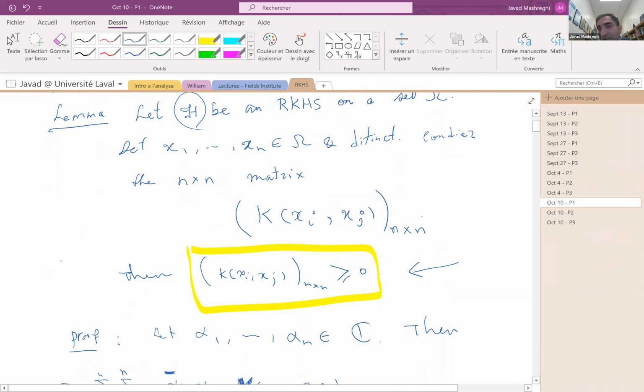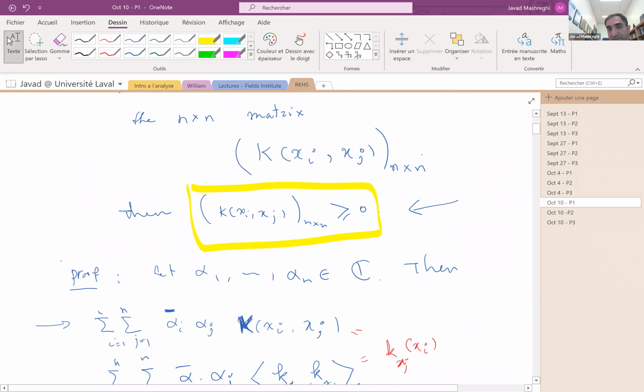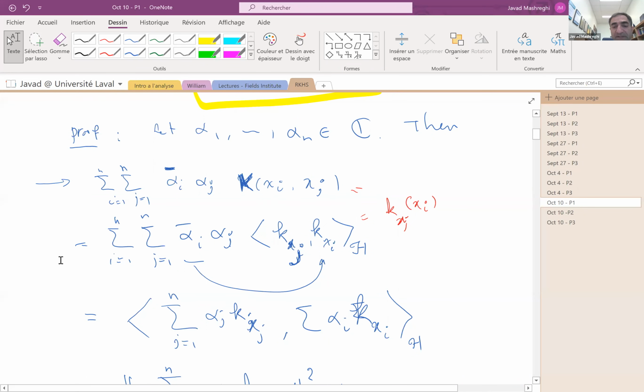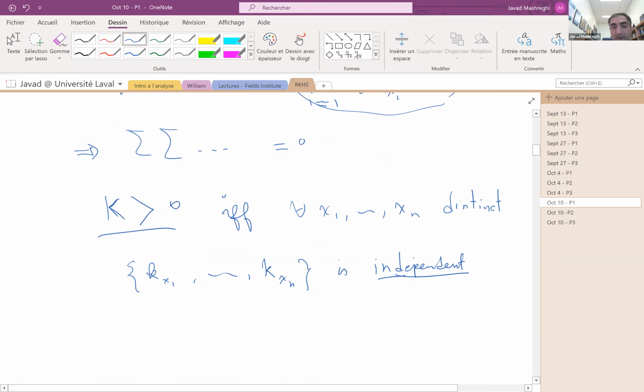I explicitly gave an n by n matrix. This n by n matrix is always bigger than or equal to 0. This is from linear algebra. And it's not strictly bigger than 0 if there is a dependence relation.